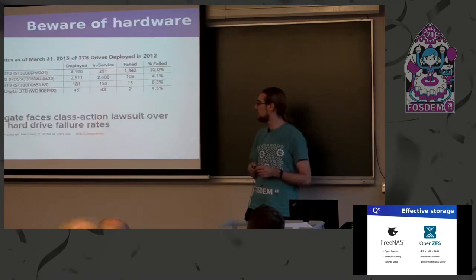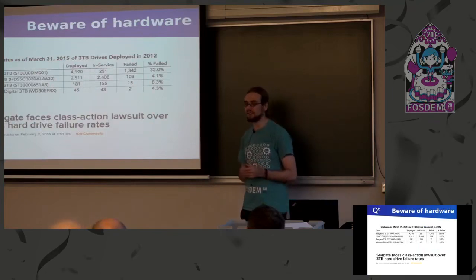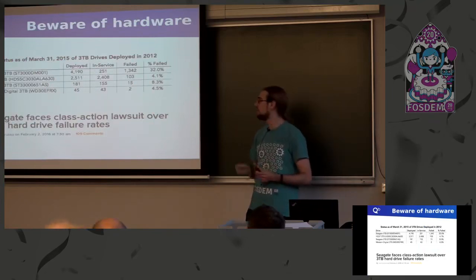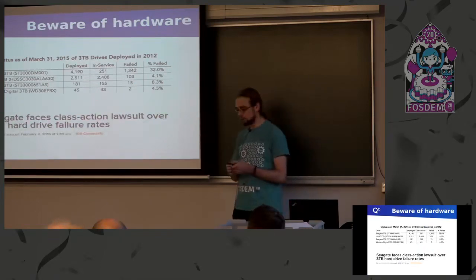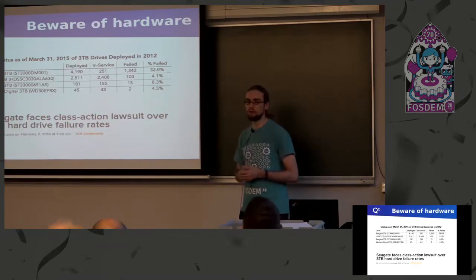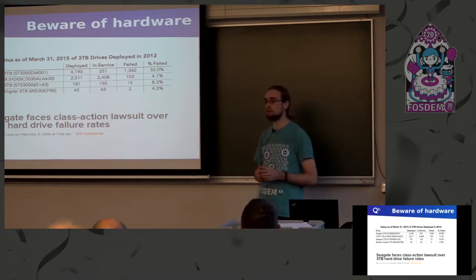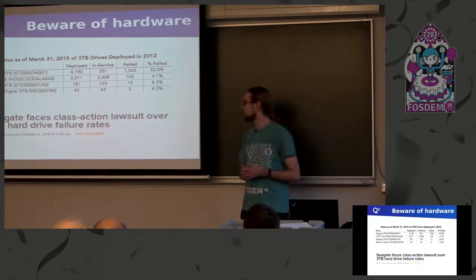The issue you also have to take care of in hardware is the hard drives themselves. For example, this Seagate model had a 32% failure rate after a few years of work, which is quite unusual, because Seagate was trying a new technology at the time, and they claimed it was very safe, but it wasn't, so they faced a class action lawsuit.